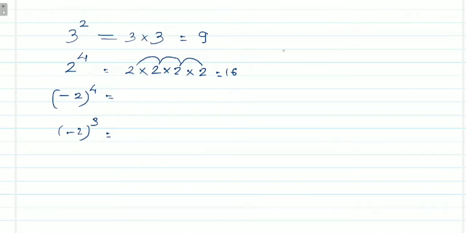A simple thing to always remember: if you have a minus term and the power to it is an even number, then the answer you get is positive. But if for a negative term the power is odd, then you get the answer as negative.